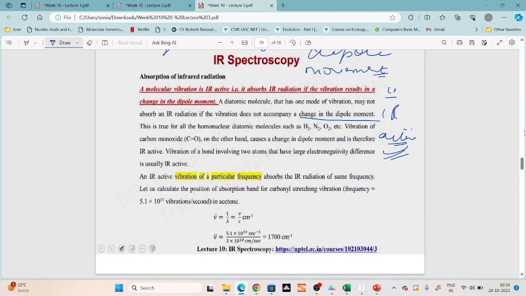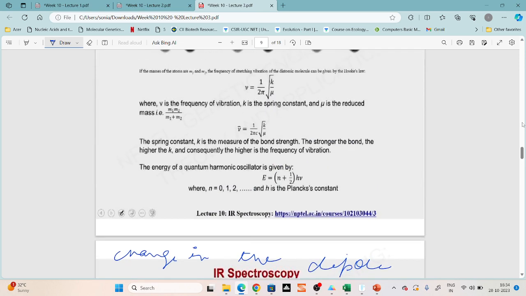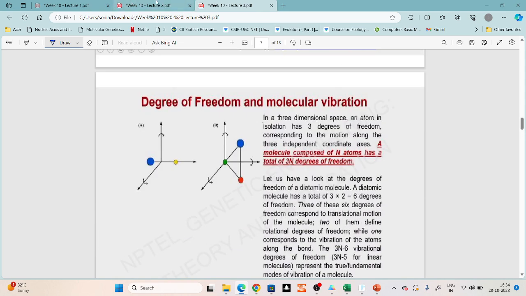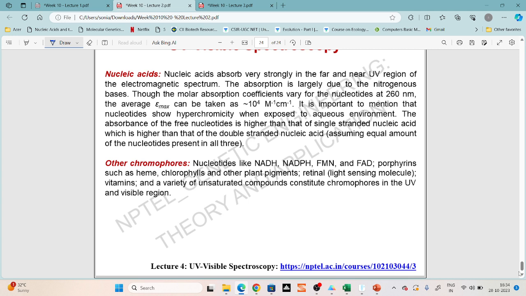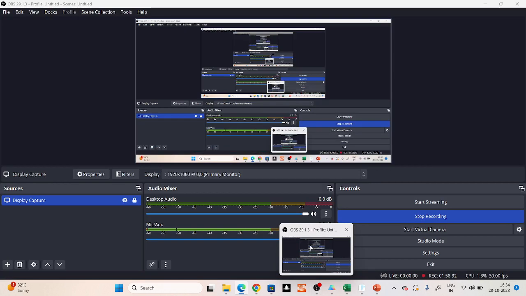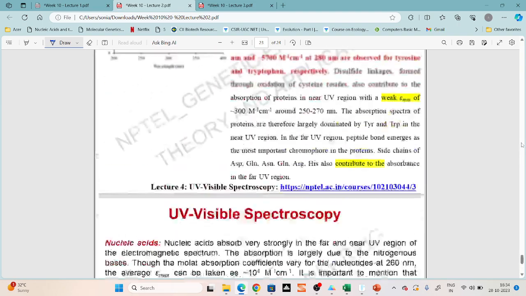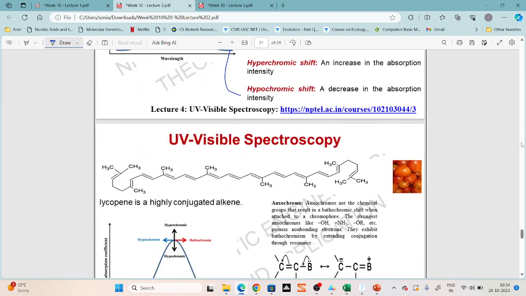Okay, we have studied all this and completed it. You can see this is for your UV visible spectroscopy. You can go on this link and have a look at what this course says. It would be helpful for you. Okay, this also we have studied.